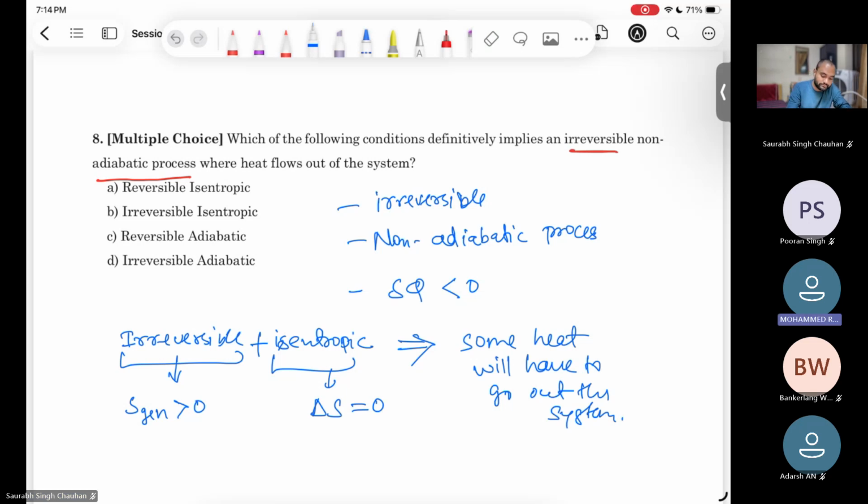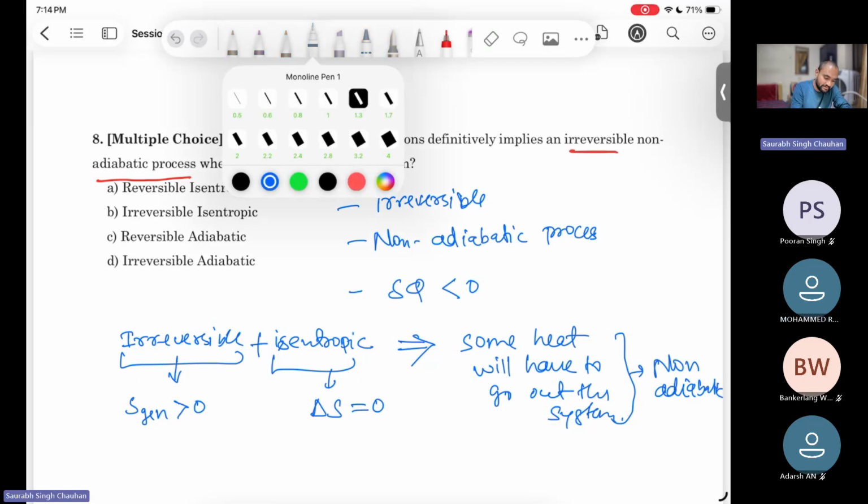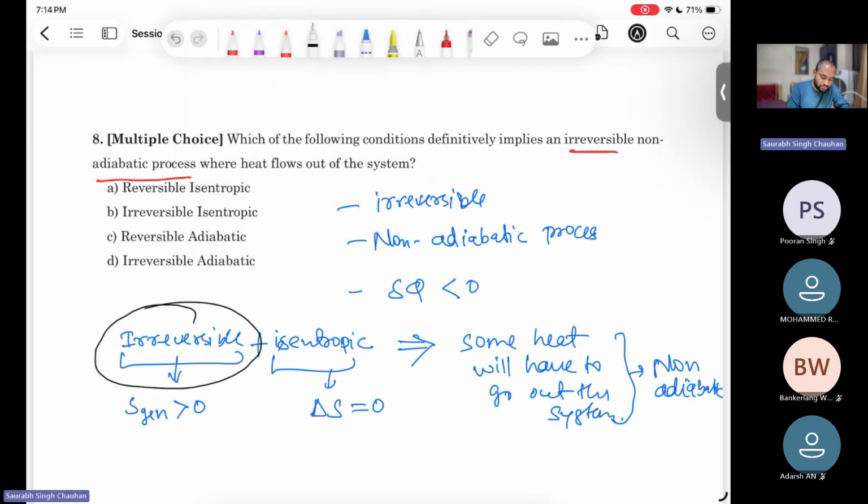And since heat is going out, that means it is non-adiabatic. And it is already written in the option itself that it is irreversible. So irreversible plus isentropic means irreversible plus non-adiabatic. So irreversible plus isentropic definitely implies that the process has to be irreversible non-adiabatic.